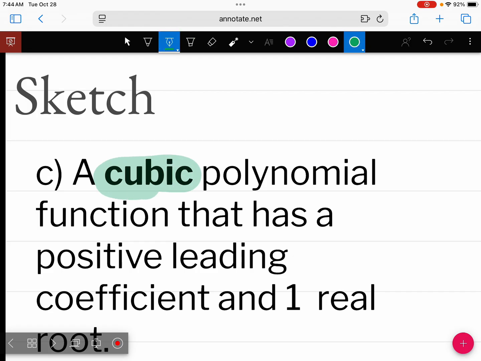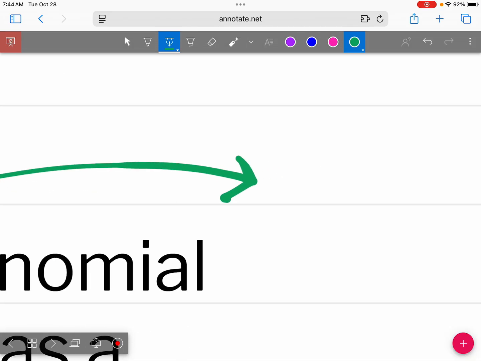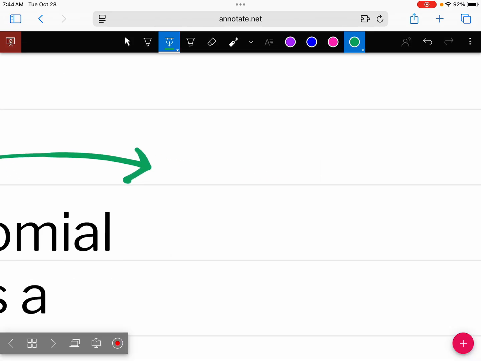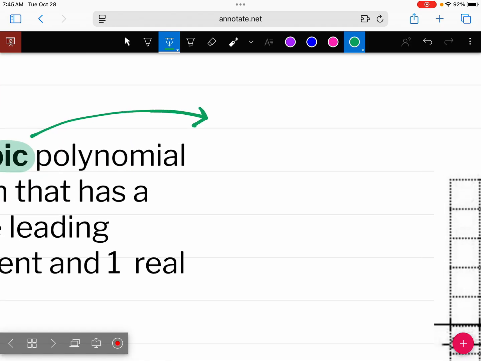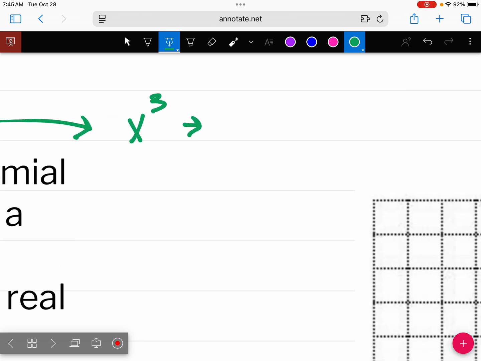So our cubic polynomial, that word cubic tells us what? Yeah, that's going to be our x to the third. So we have our degree of 3.